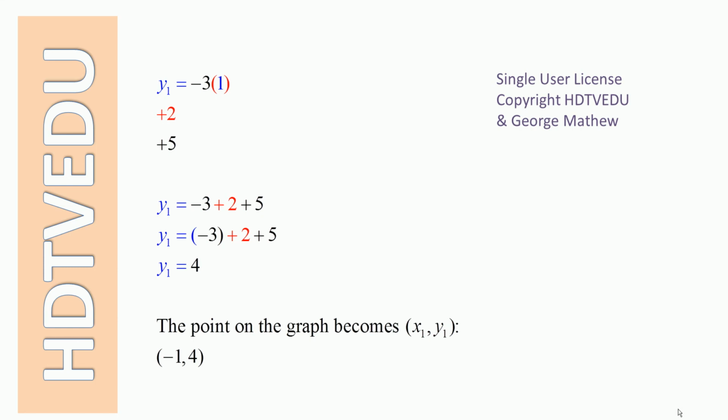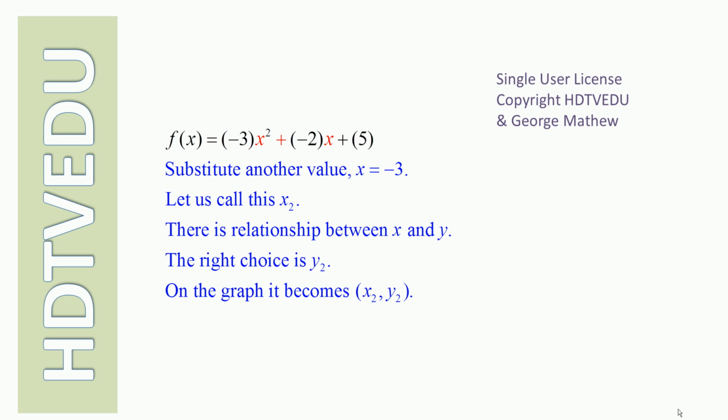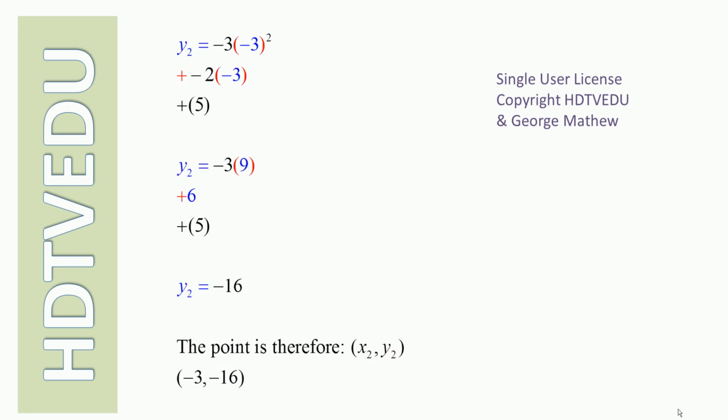And what do we get? Negative 1, 4. So we are done with that. Let's substitute x equals negative 3. Again, in the space occupied by x, substitute negative 3 and solve for y2. So we get negative 3, negative 16.